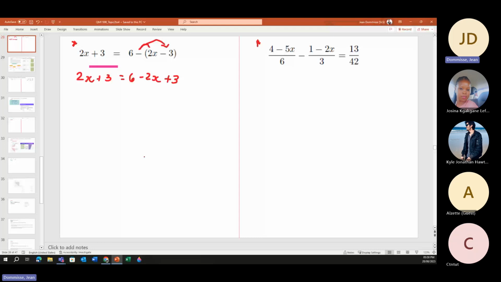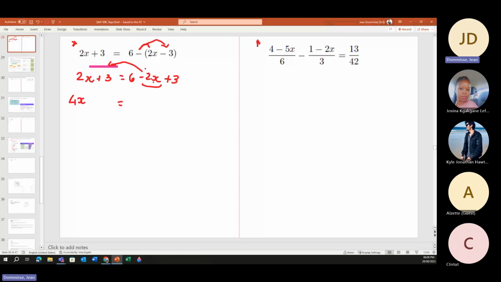Okay, so the easiest way, which I always want to do, is take all the x's to one side and all the constants to the other side. I also like it when my x's are positive. So to get rid of the minus 2x on this side, I add 2x on both sides. On the left-hand side I will then have 4x, and this would have disappeared on the other side.